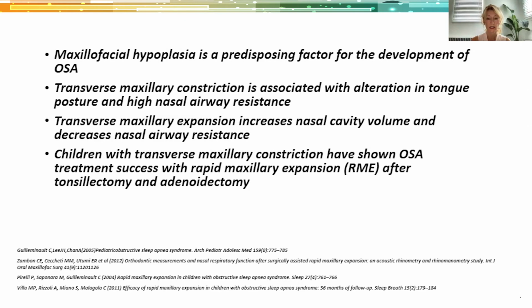So basically, there's a lot of attention on the maxilla, on the size of the maxilla, on expanding the maxilla, expanding the nasal cavity, allowing more room for the tongue, encouraging more anterior growth of the face, so all the tissues are away from the pharynx and potentially have less chance of collapse in adulthood.